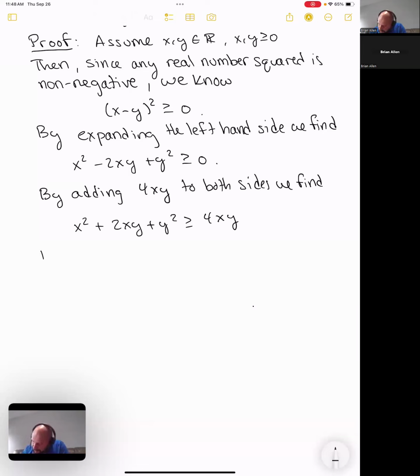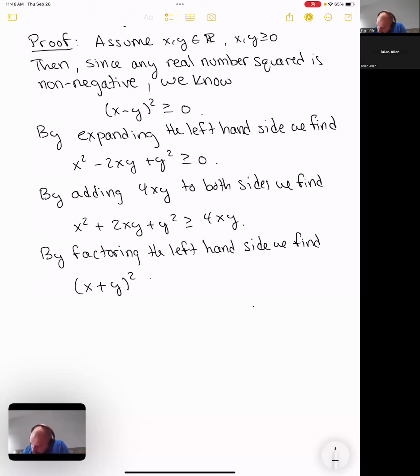So by factoring the left-hand side, we find that we get x plus y squared. And now we can take square roots.